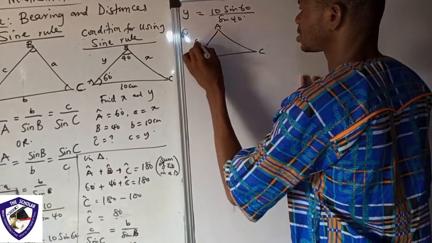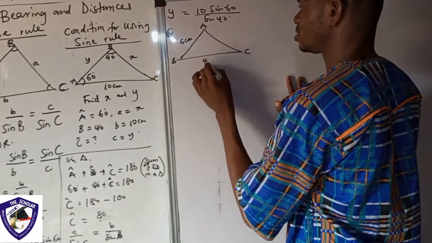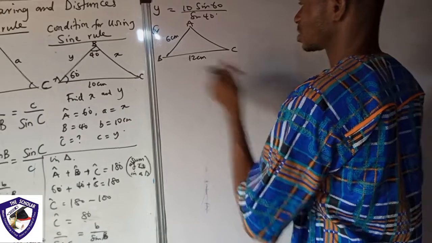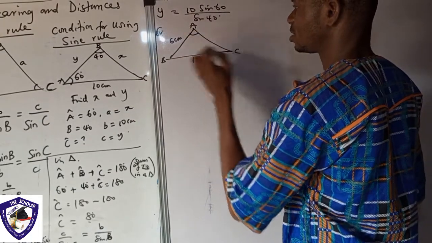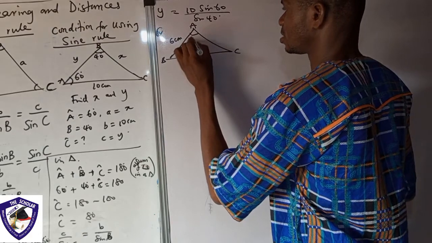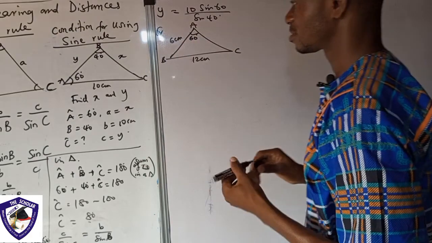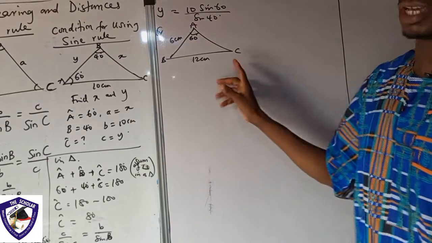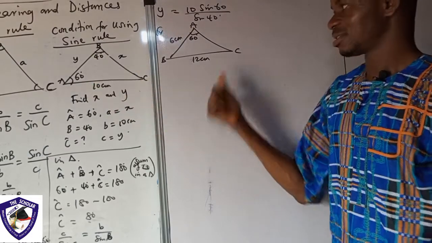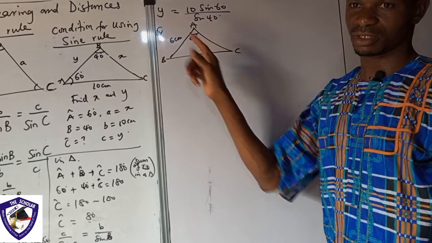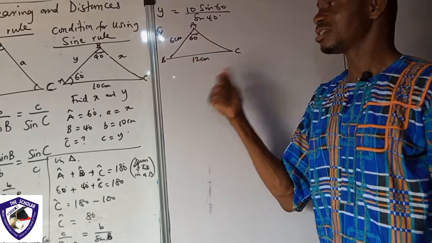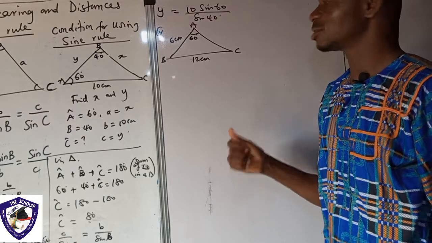Let's say this side is 6 centimeters, this is 12 centimeters, and this angle here is 60 degrees. One angle and two sides. The first one, two angles and one side. The second one here now, one angle and two sides. So when one angle and two sides are given, then you apply sine rule.